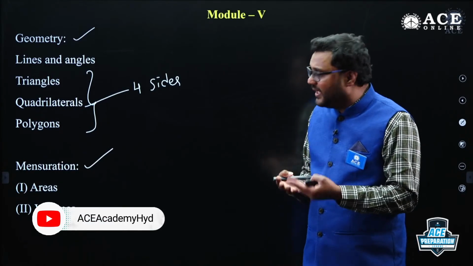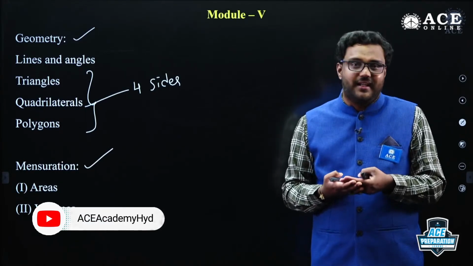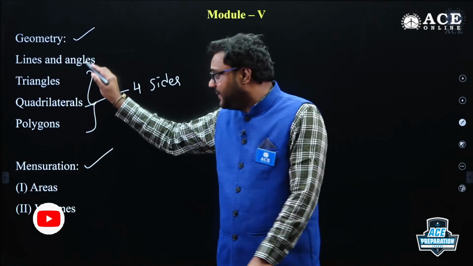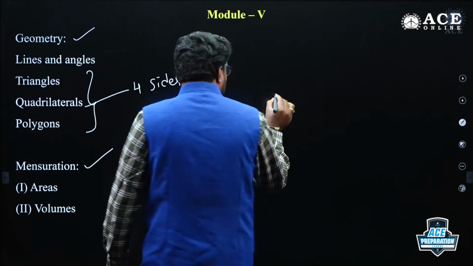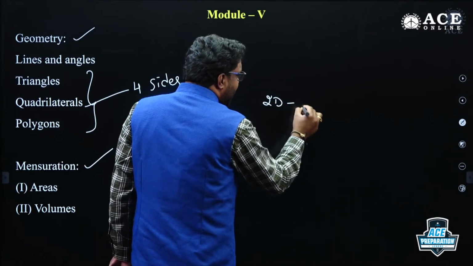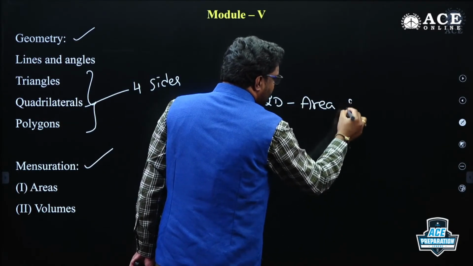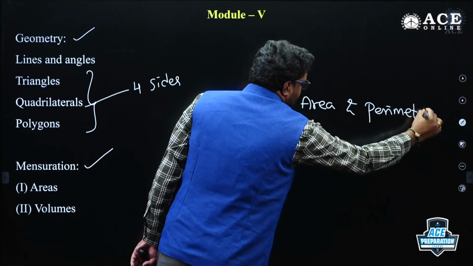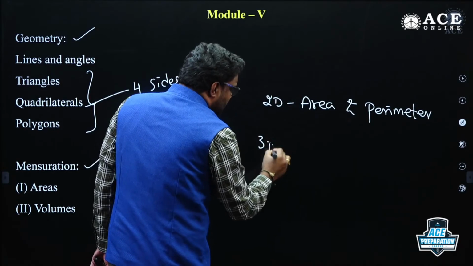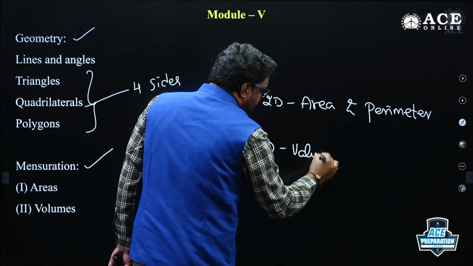What is the sum of interior angles, exterior angles, what are the properties related to that, all will be covered here. Then in mensurations, for 2-dimensional figures, you are going to calculate the area and perimeter for all 2-dimensional figures in mensuration. Then for 3-dimensional figures, you are going to cover volume and surface area.